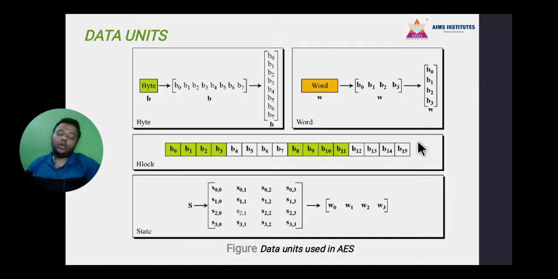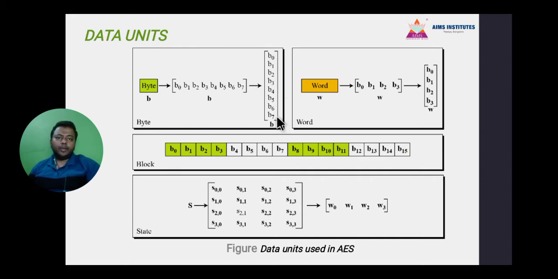Let's talk about the introduction part of it, so that in our upcoming diagram we can easily understand what it is. When we talk about a byte of data, that chunk of data would be divided as a matrix, either a row matrix or a column matrix.